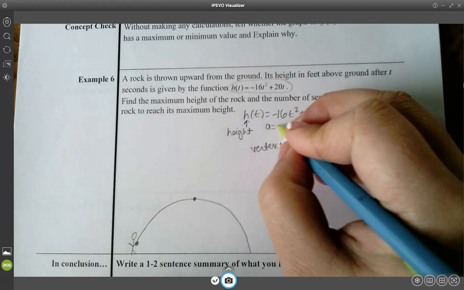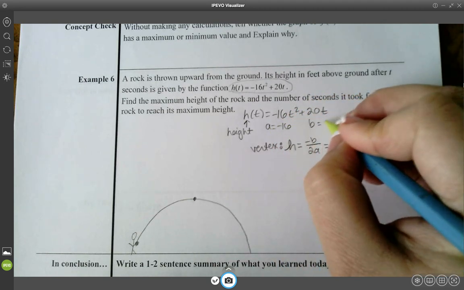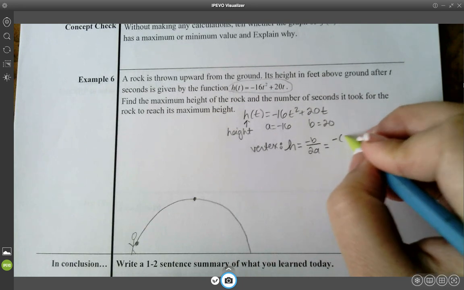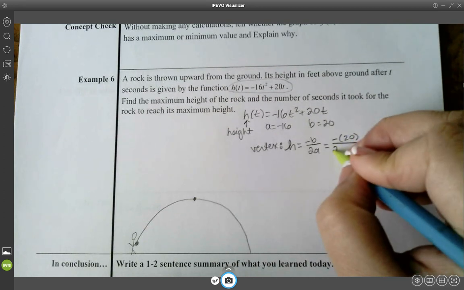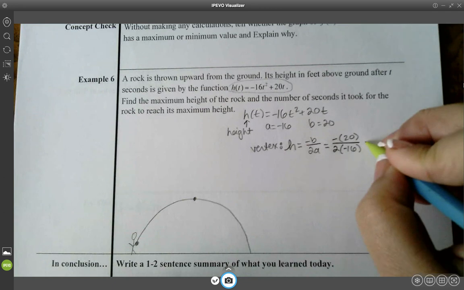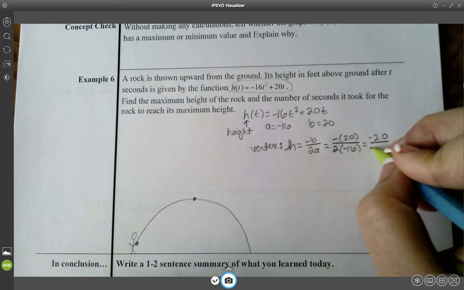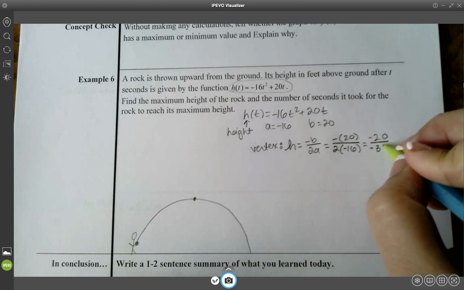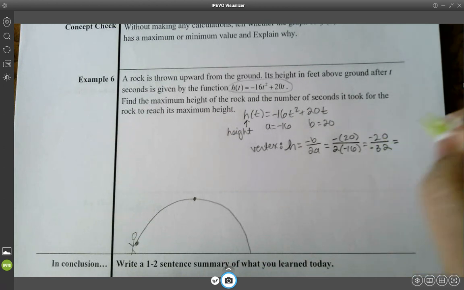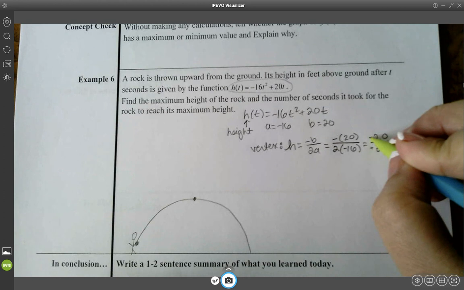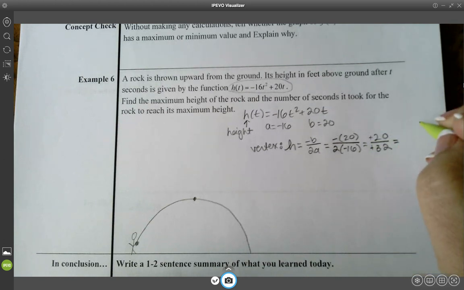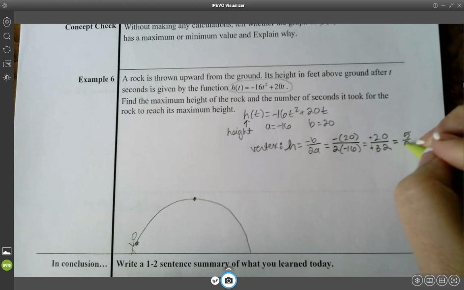A is negative 16, b is 20. So we have negative 20 divided by 2 times negative 16, which gives us negative 20 divided by negative 32, which we can then simplify, and negative divided by negative becomes positive. And so we are at 5/8.